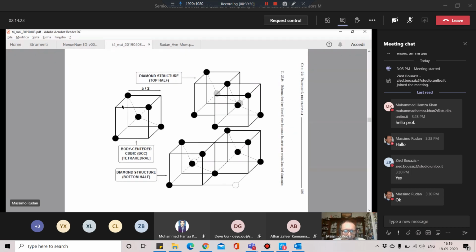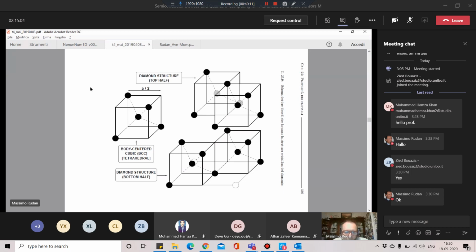And remember, silicon is a chemical species that belongs to the 4th column of the periodic table of the elements. What does it mean? It means that each atom of silicon has a number of electrons in it, and of these electrons, 4 electrons are external, in the external shell of the atom.